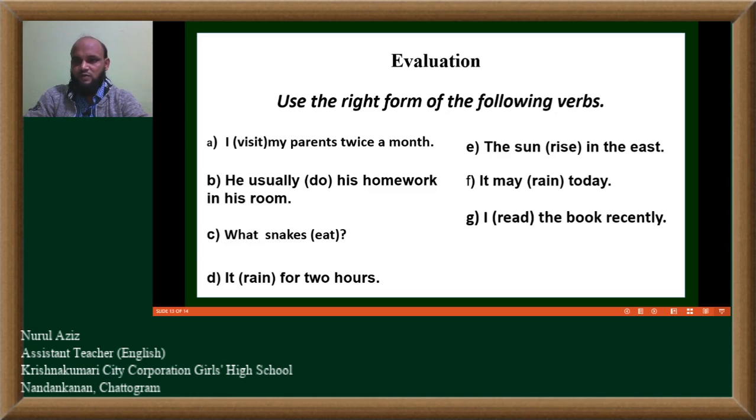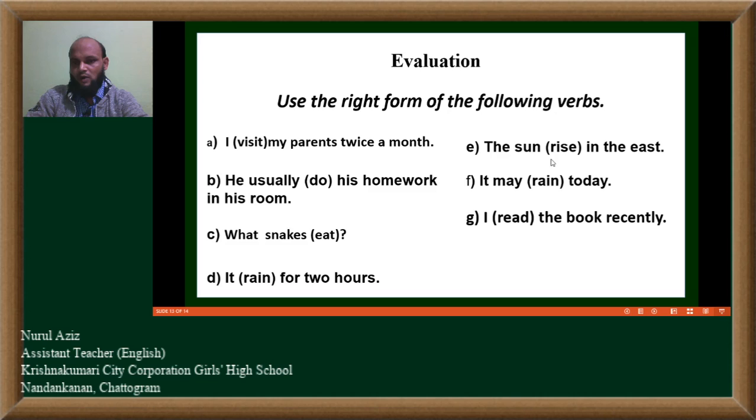That is why you have to write do. What do snakes eat? It rained for 2 hours. There is a mention of a duration of an action. That is why this is in present perfect continuous tense.